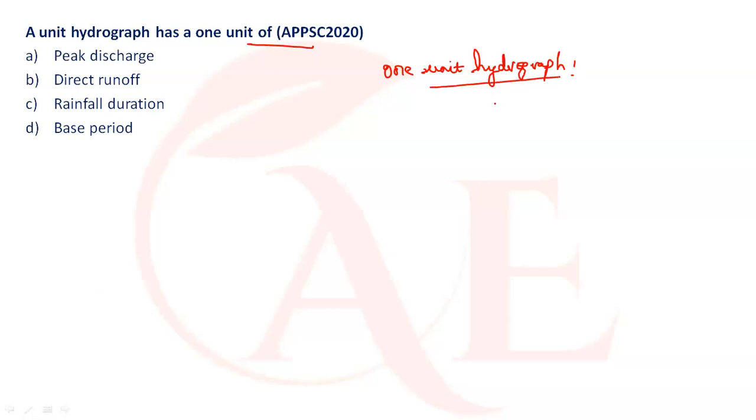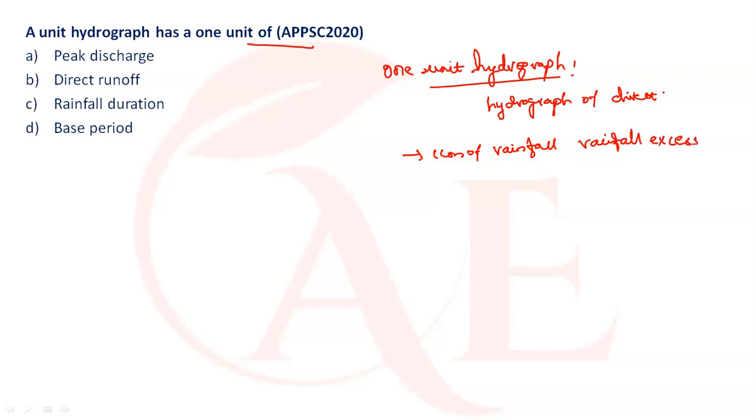This unit hydrograph is known as a hydrograph of direct runoff, where 1 centimeter of excess rainfall occurs uniformly over the basin. It is said to be a unit hydrograph. So the correct option is direct runoff. So option B is the correct answer.